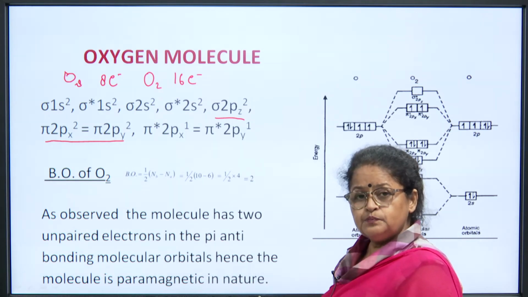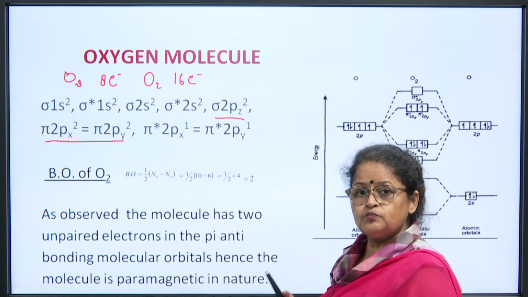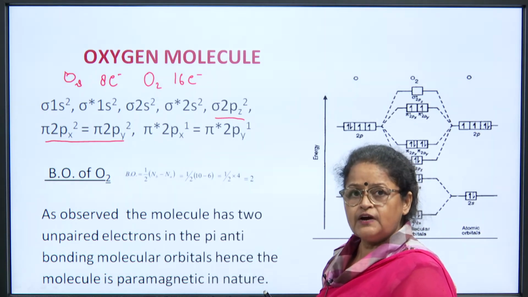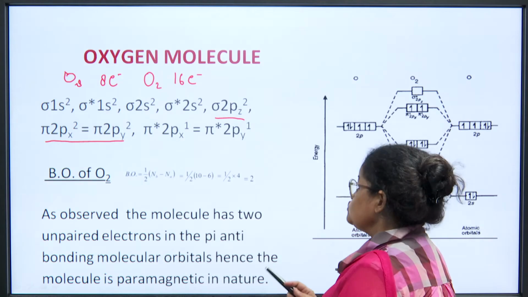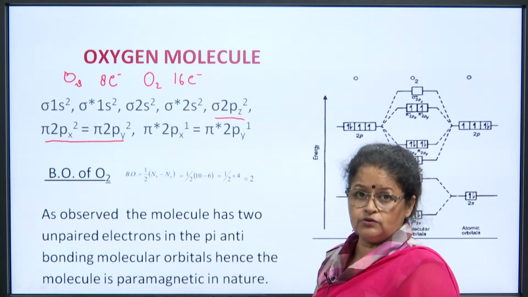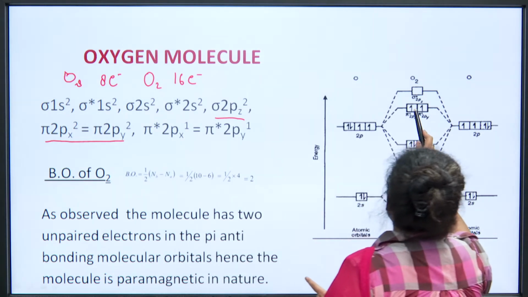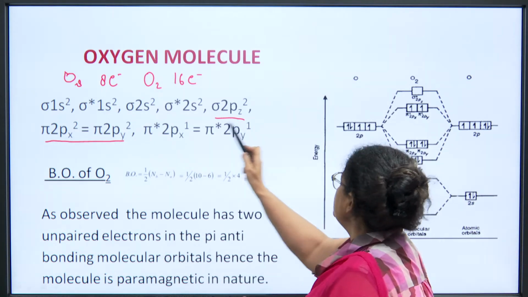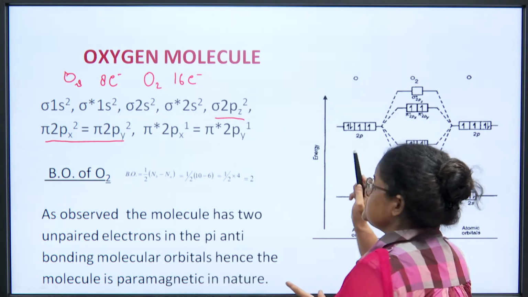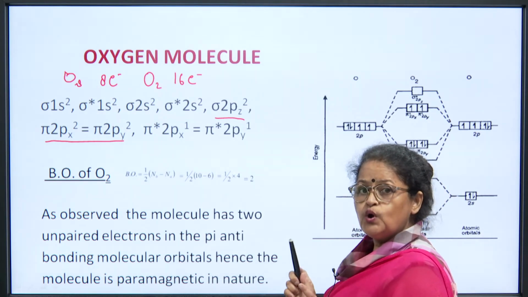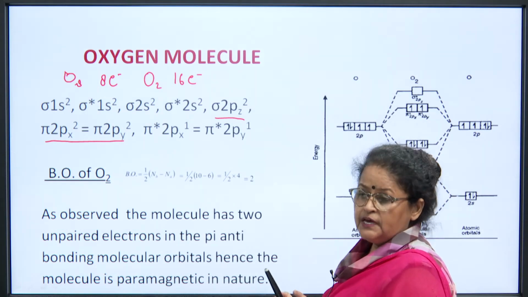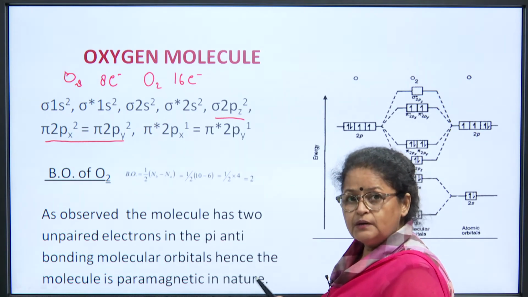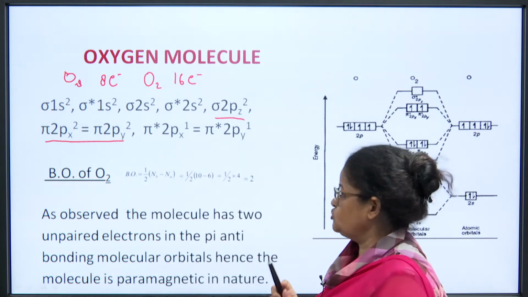When we discuss paramagnetic molecules, the molecules which have unpaired electrons are paramagnetic. So, though oxygen has 16 electrons in all, yet since the pi star 2px and pi star 2py are singly occupied, there are two unpaired electrons in it, and hence the molecule will show magnetic character and O2 becomes paramagnetic in nature.